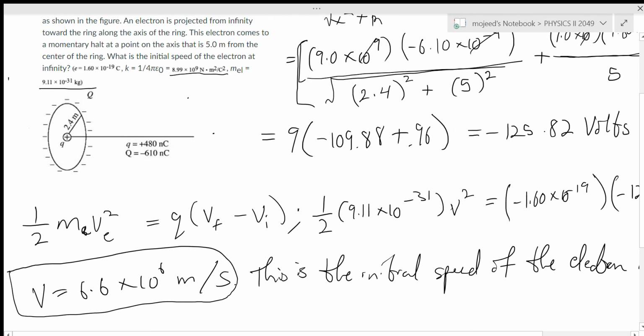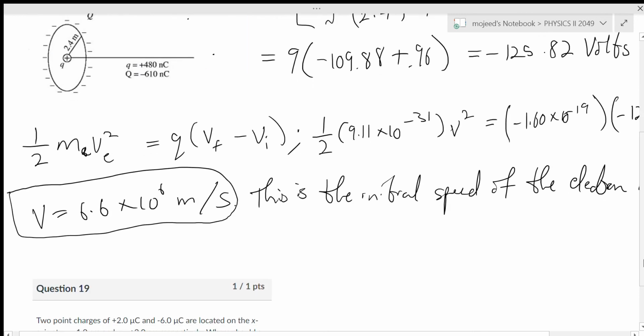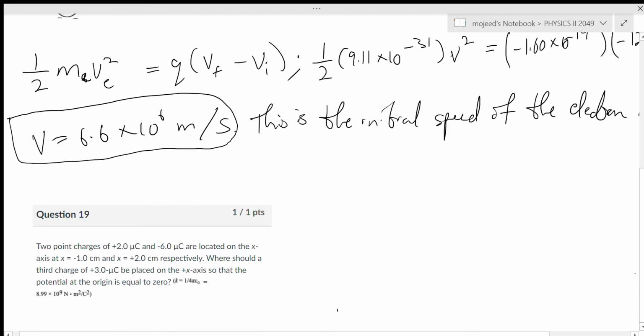Next, we have a problem. Let's scroll down. Next, we have a problem that's also in the branch of electric potential. Here we're being asked where a third charge of positive 3.0 microcoulombs should be placed on the x-axis so that the potential at the origin is equal to 0.